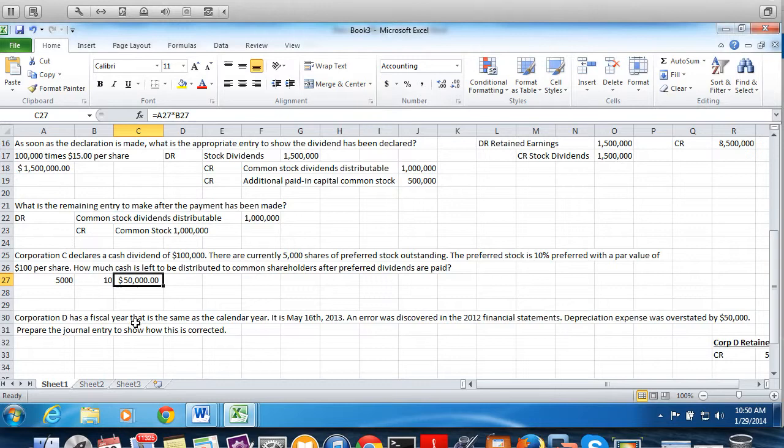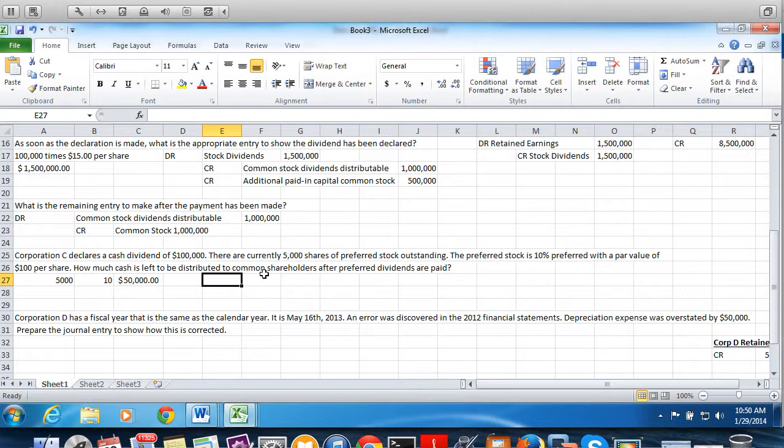So that's how much of this cash needs to go to the preferred stockholders. At the end of the day, all you're doing is subtracting 50,000 from 100,000, and you're left with another 50,000 that is able to be paid out to common shareholders.